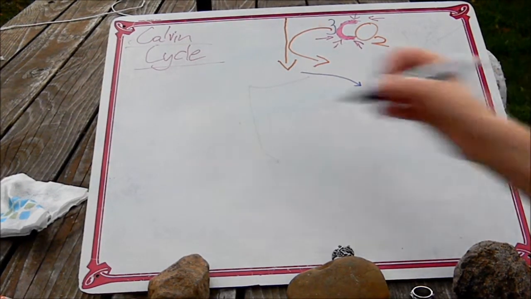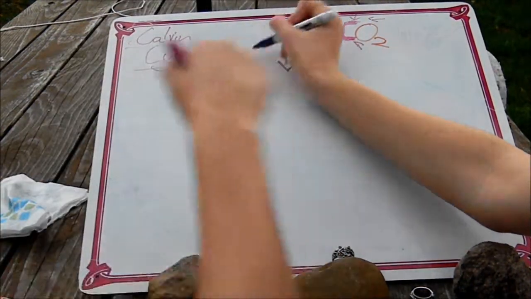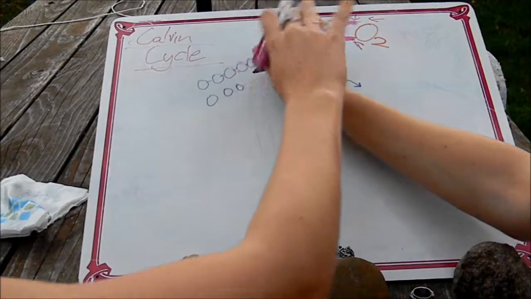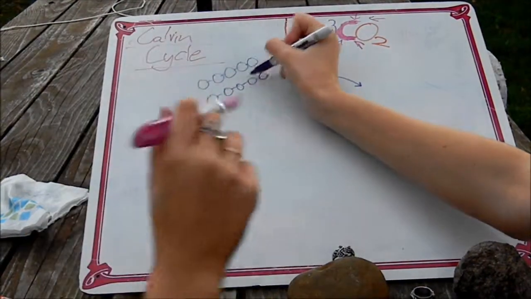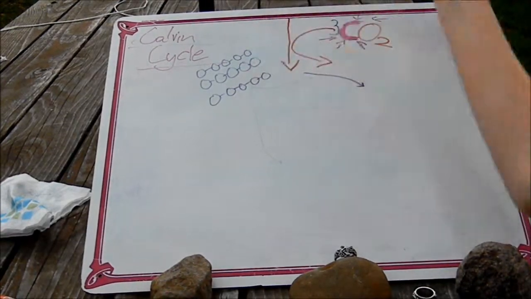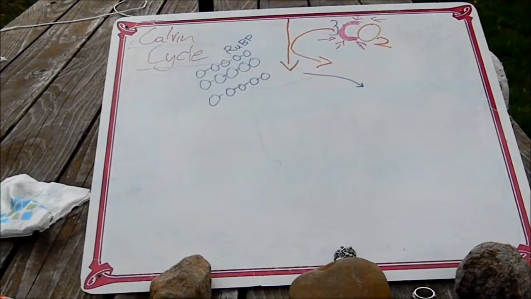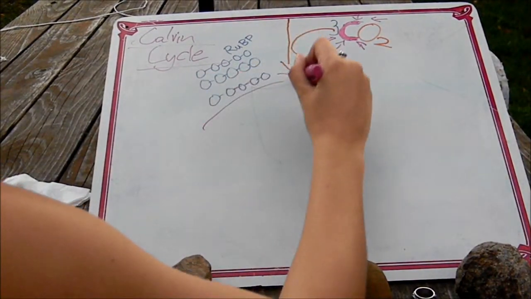So 3 of those carbon dioxides come in, and the carbons from it, which are shown in pink up there, are going to get fixed or attached onto these little 5 carbon molecules called RuBP. And they come from the previous carbon cycle, which hasn't happened yet, of course.